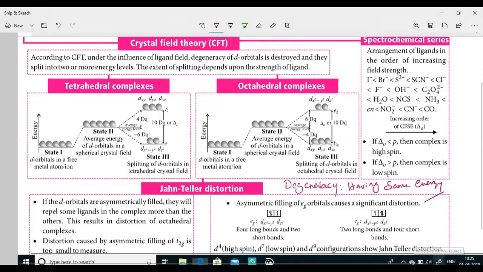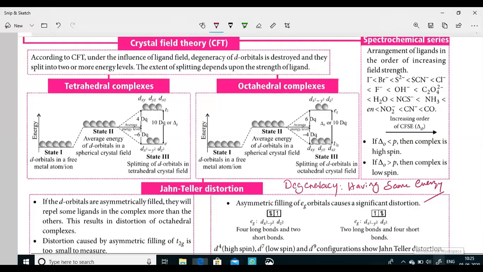So you know that when a ligand is approaching the metal ion, in the last class also I showed the diagram. See here, I will be showing this one. First, all these d orbitals have the same energy.